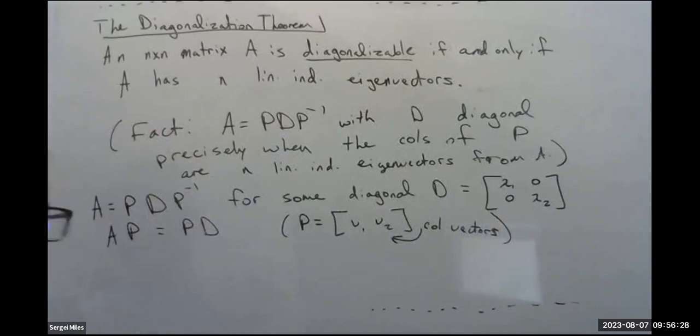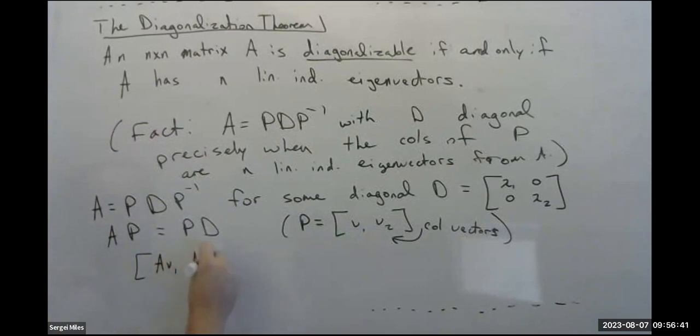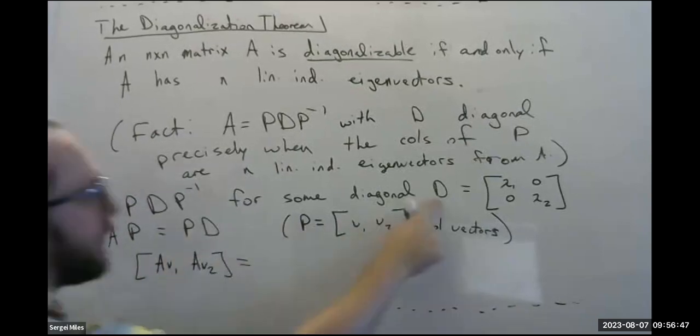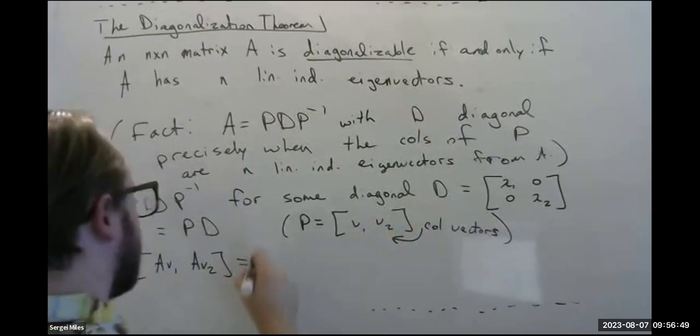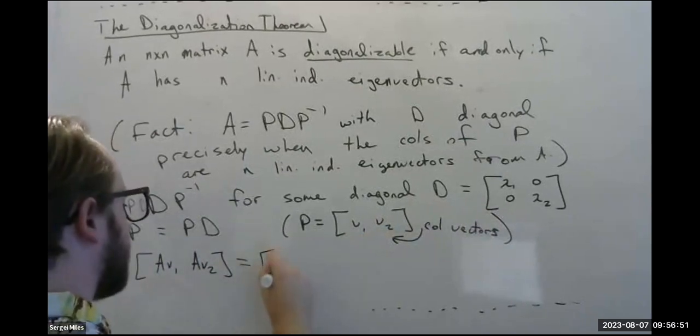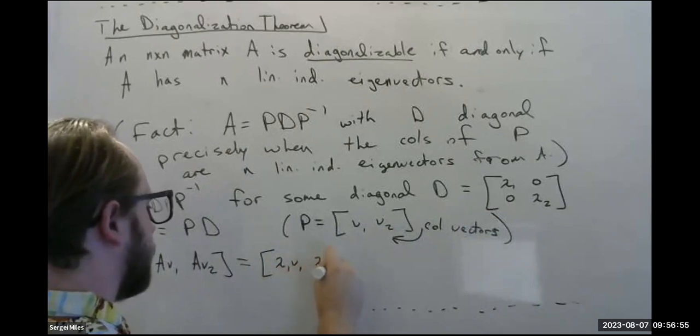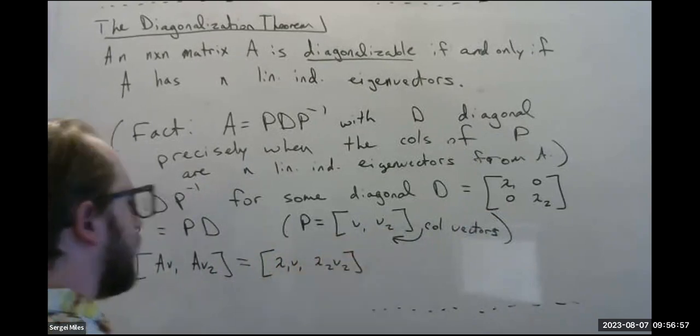But now what's happening here? Well, A times P is A times these column vectors. So we have on the left side, A times V1, A times V2, and this is supposed to equal the matrix P times this matrix D, which gives lambda 1 V1, lambda 2 V2.